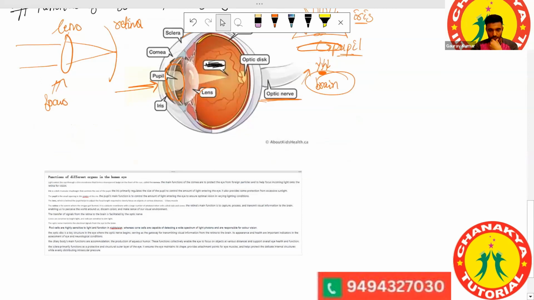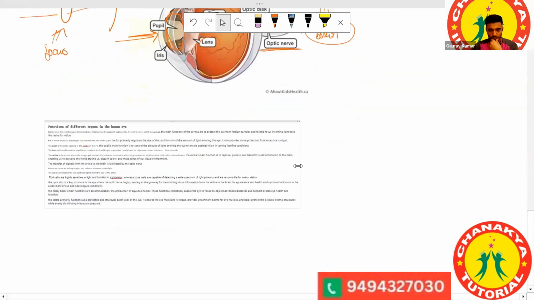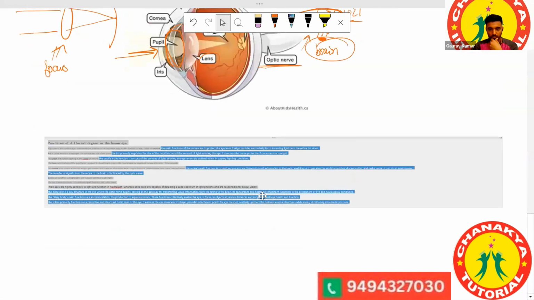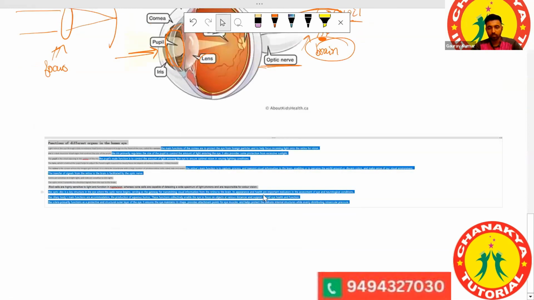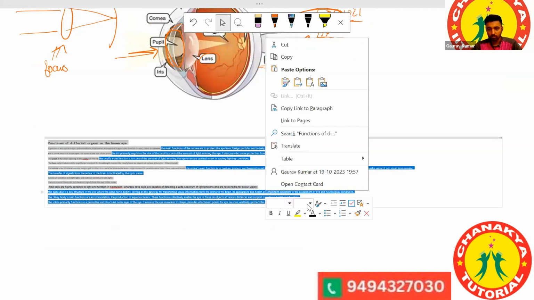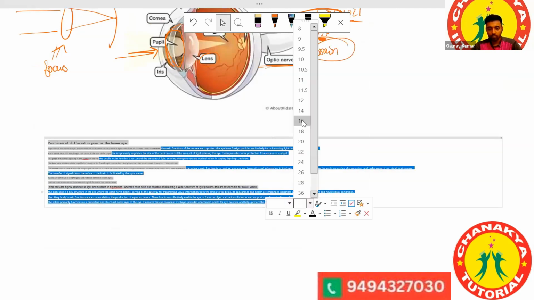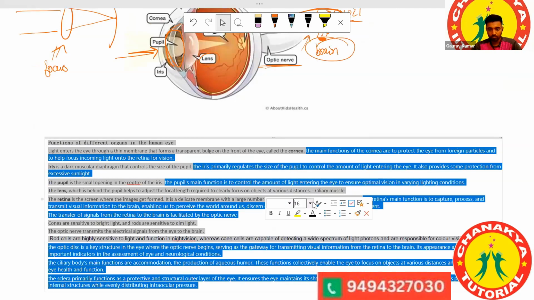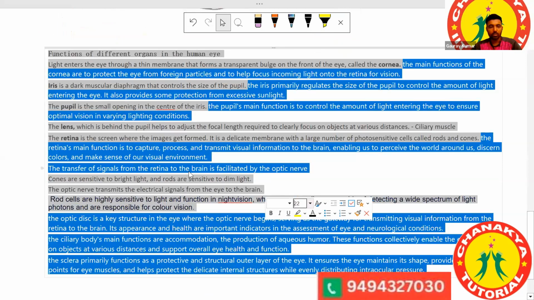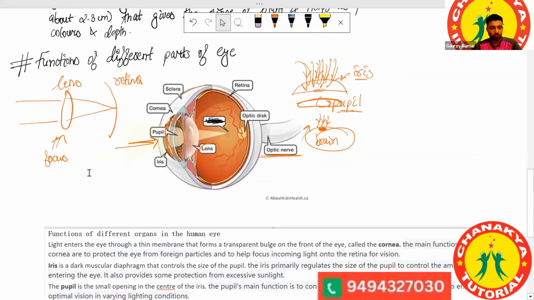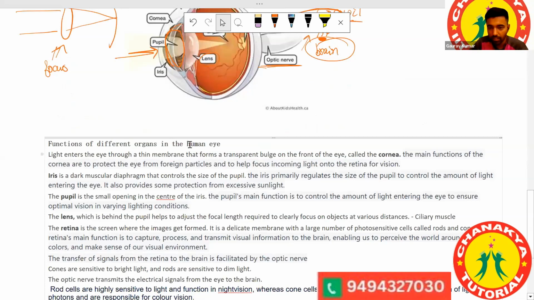Okay, so these are the functions of the eye.